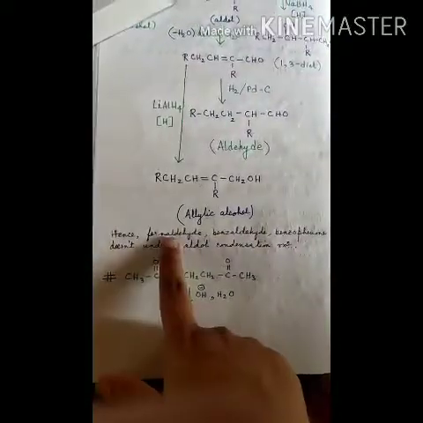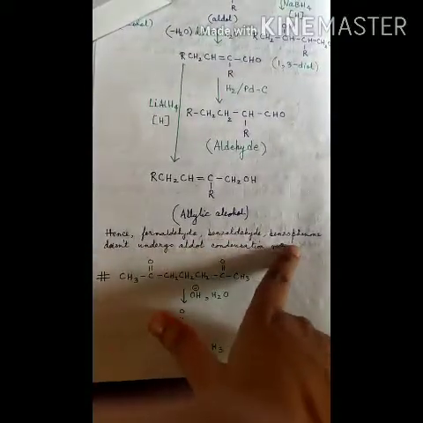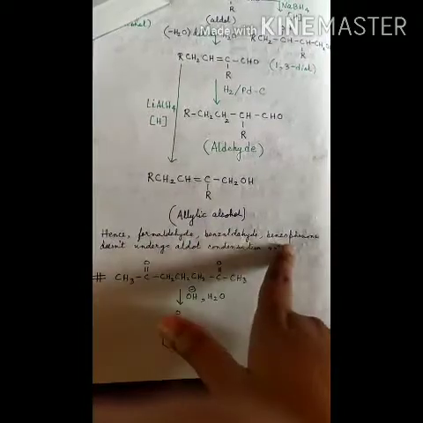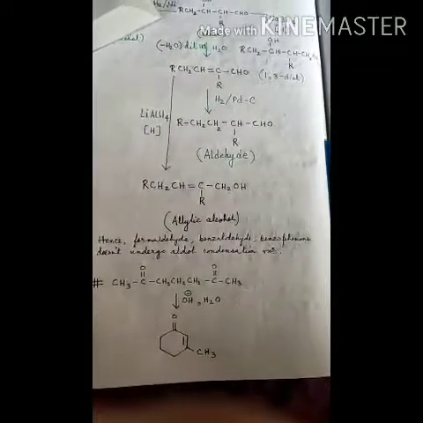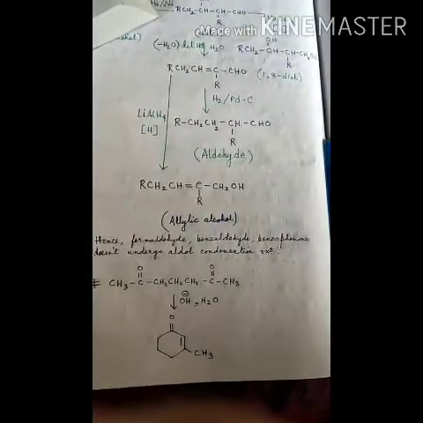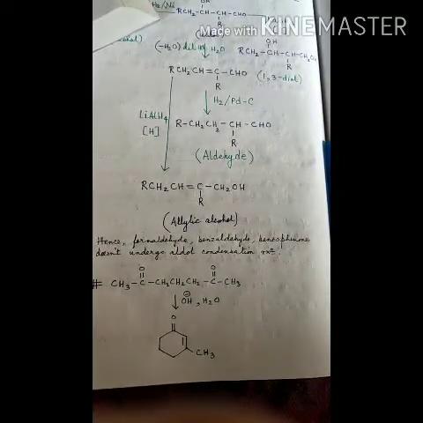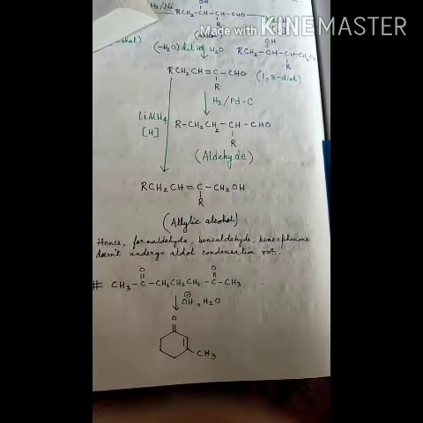We can conclude that formaldehyde, benzaldehyde, benzophenone, this type of compounds which don't have any alpha hydrogen atom will not undergo an aldol condensation reaction. In formaldehyde, the two hands of the carbon are both H. So there is no alpha carbon, then there is no question of alpha hydrogen.